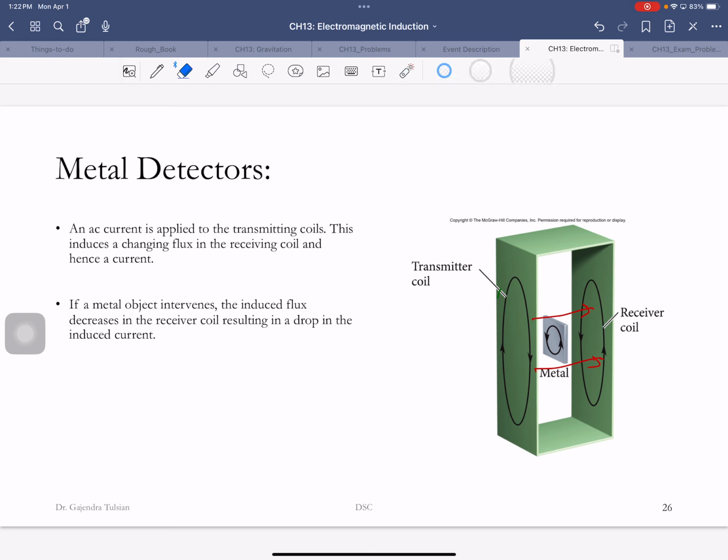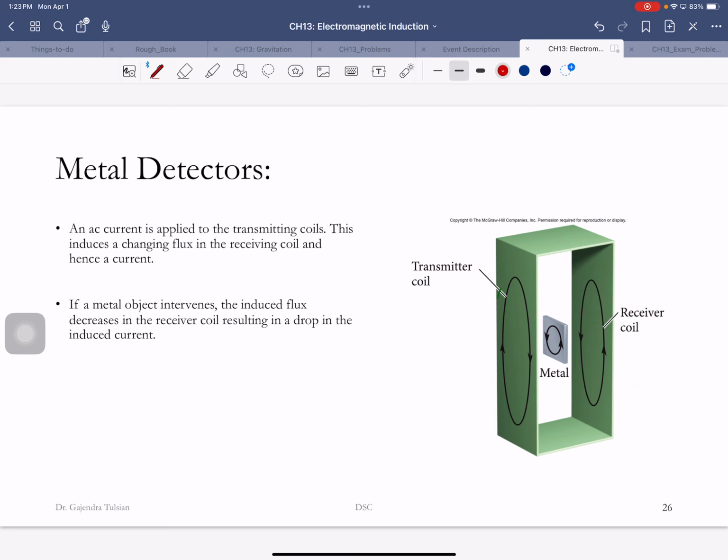Now, the instant a piece of metal comes in, this is producing an opposing magnetic field, and so now through the receiving coil, the magnetic field is smaller. So the current in the receiving coil drops as soon as there's a metal piece that intervenes. That's how a metal detector works.